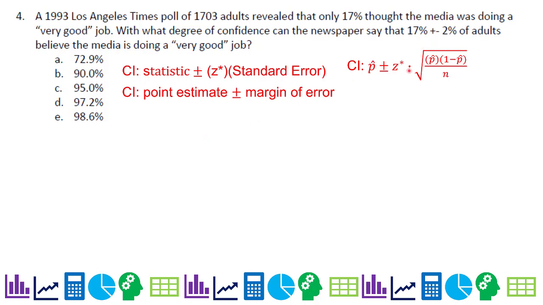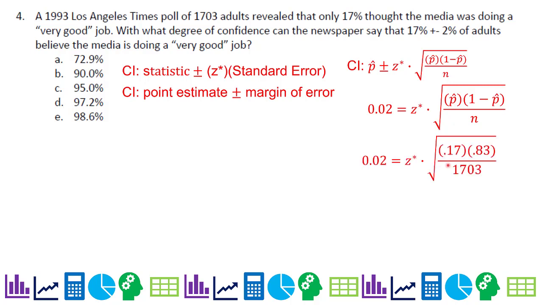Over here, the margin of error is the z star critical value times our standard deviation. And this is a proportion because they said 17%. So we go ahead and substitute in. Now, we're doing it from a statistic, so that's why we have p hat in here. And we have 0.17, then we have 0.83, 1703, and we do our math, and then we solve, and we get 2.197.